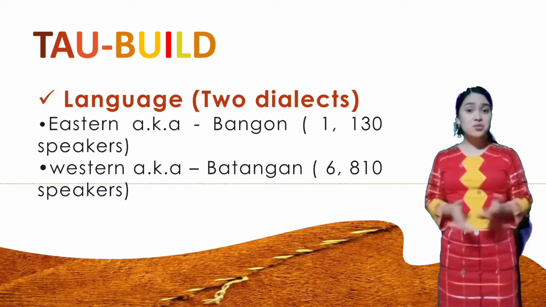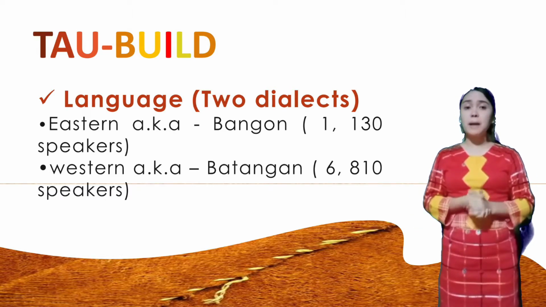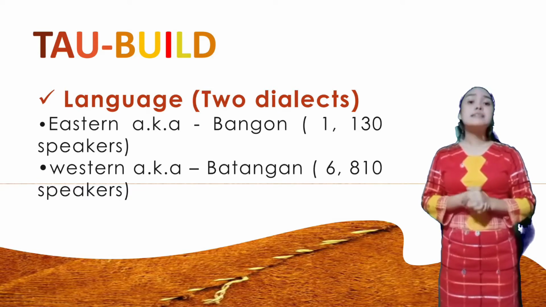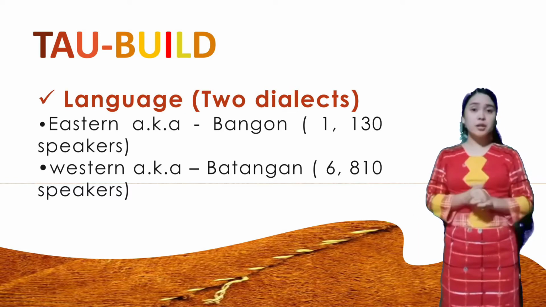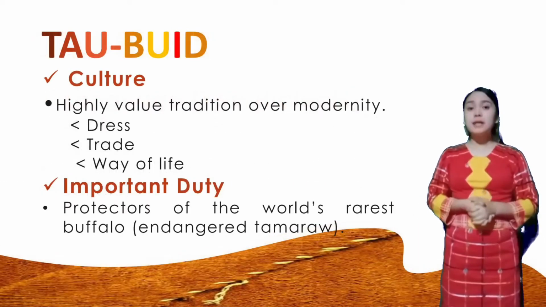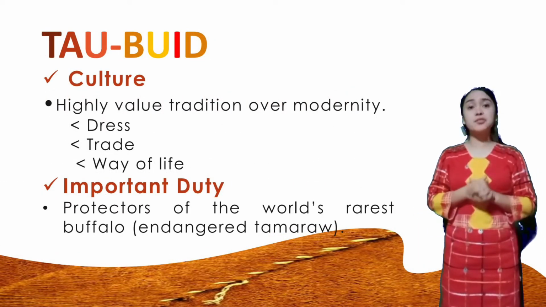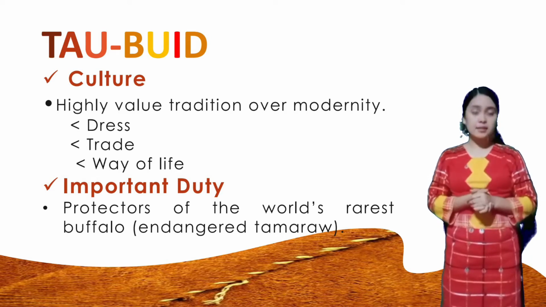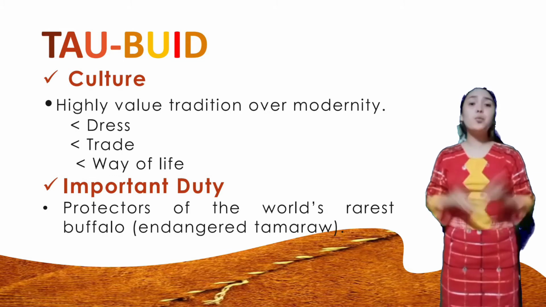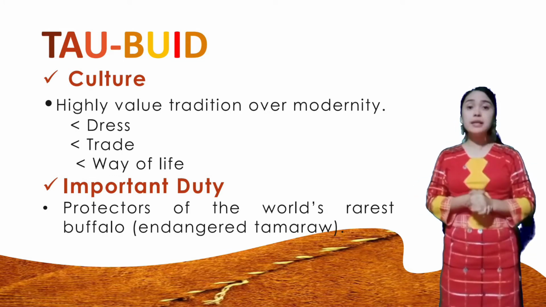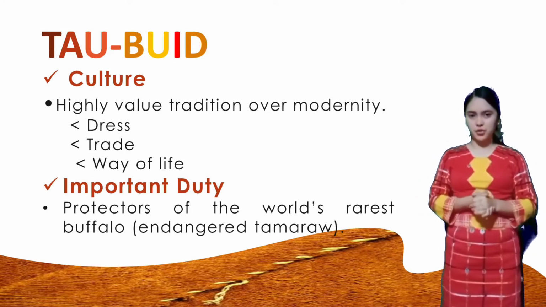The Western, also known as Batangan, has 6,810 speakers. Moreover, when it comes to their culture, they still highly value tradition over modernity, such as the way they dress, the way they trade, and the way of life. They really give value to their culture.